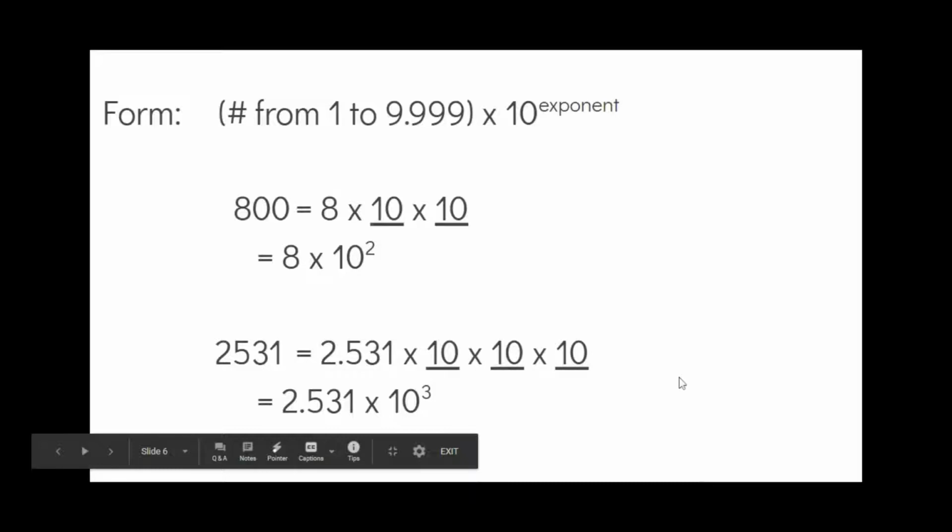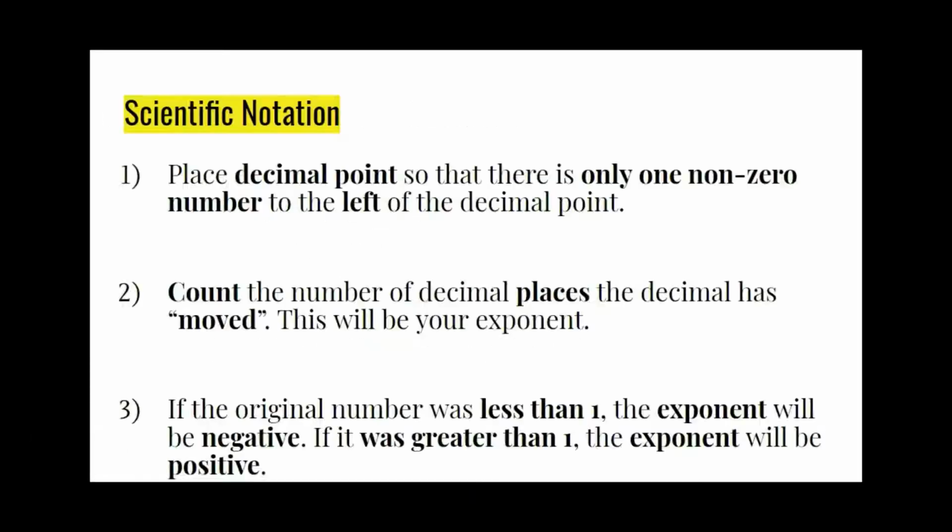That's a lot of numbers. That's kind of a wonky way of explaining it. How do we break that down even further? So again, before we do an example, 3 quick rules for scientific notation. You will place the decimal point so that there is only one non-zero number to the left, aka in front of the decimal point.